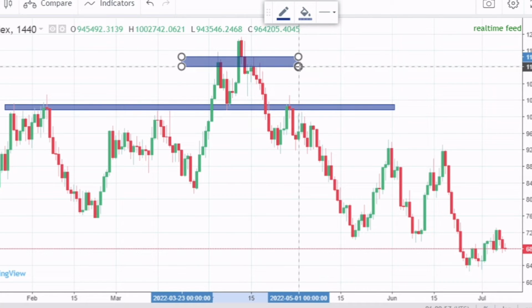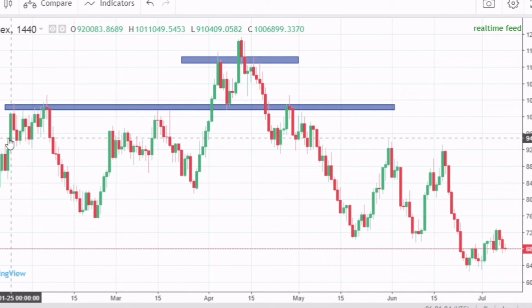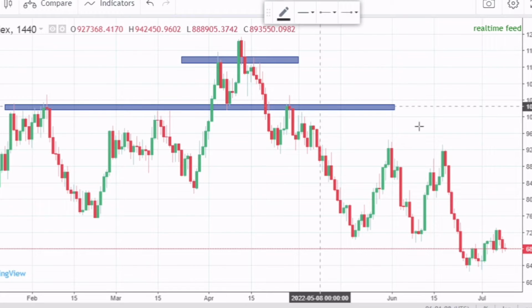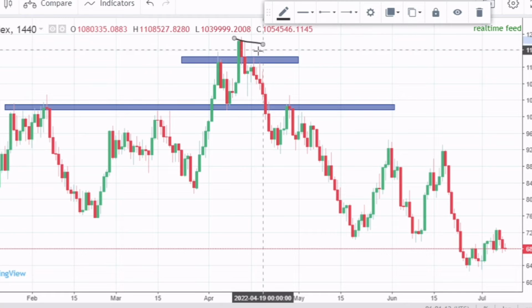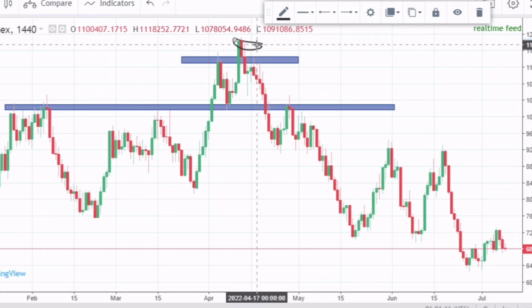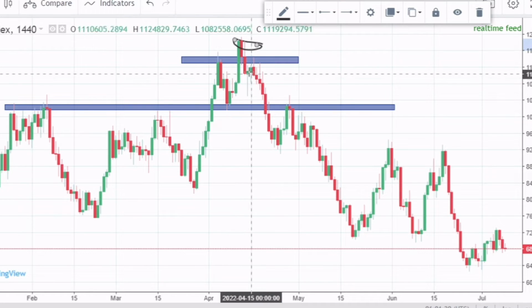After the market started reversing from there, you can see there were two bearish candles, and after these two bearish candles formed, the market couldn't continue going down. It had to retest this region.